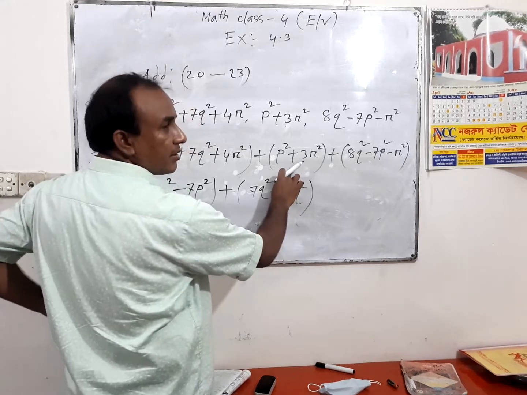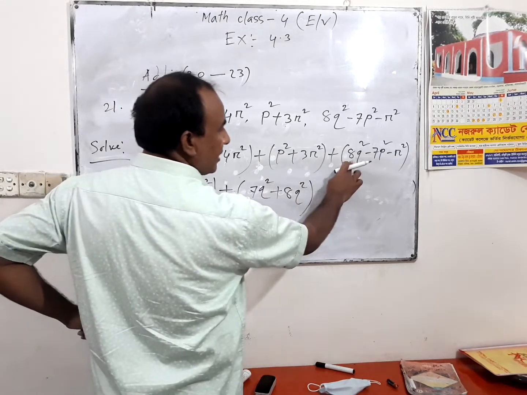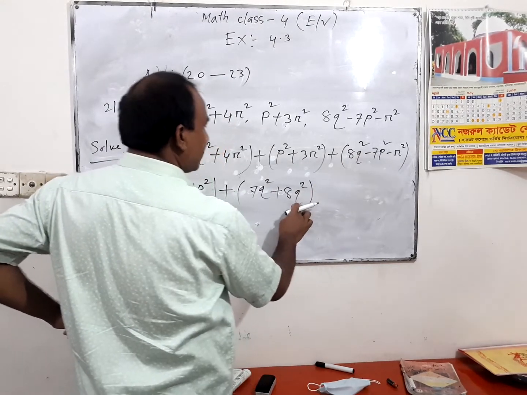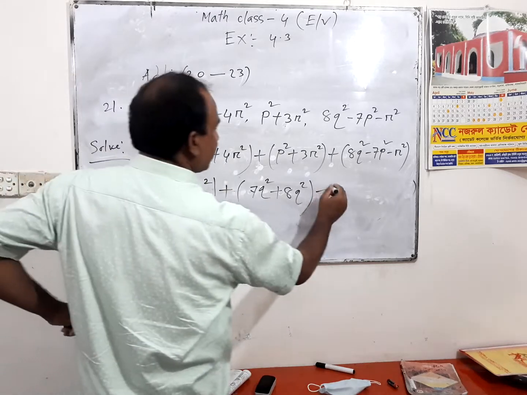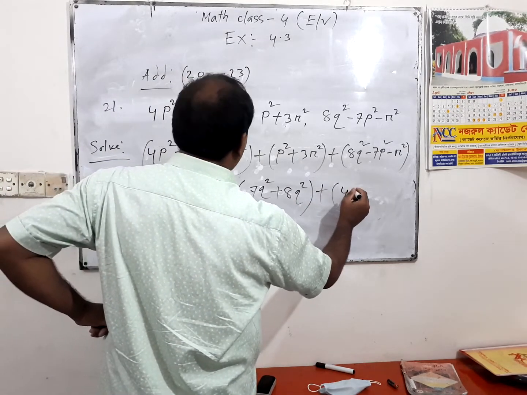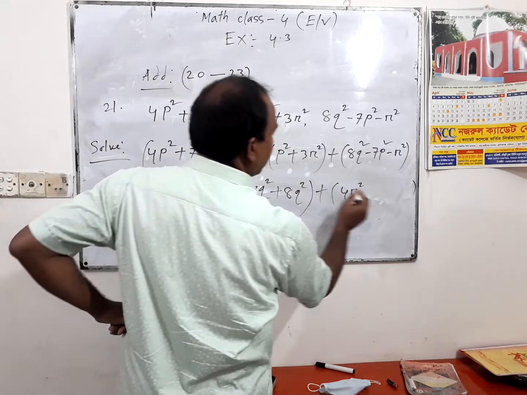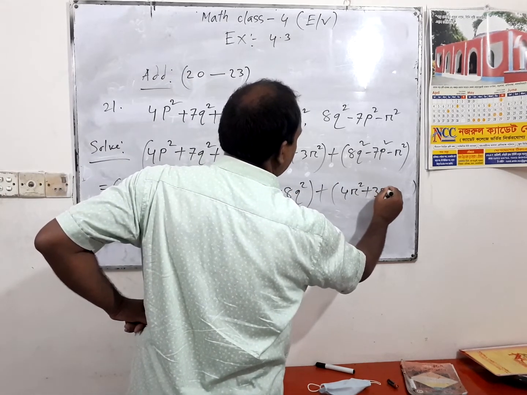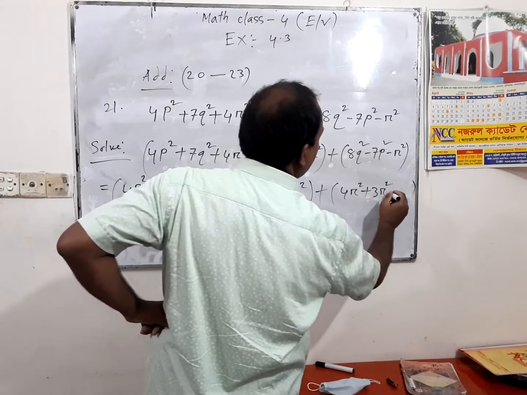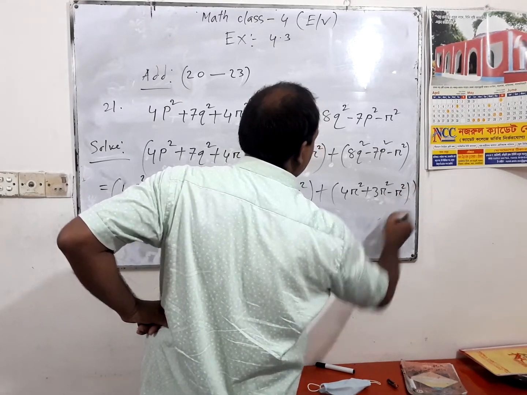Q is not available here, that's why 8q square is here. And 4r square, plus 3r square and minus r square.